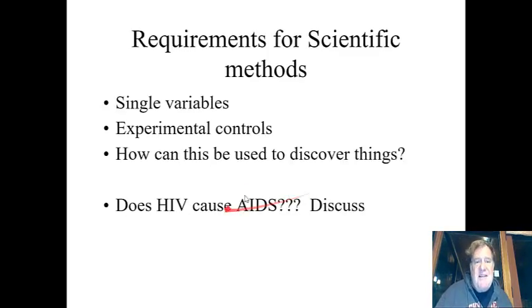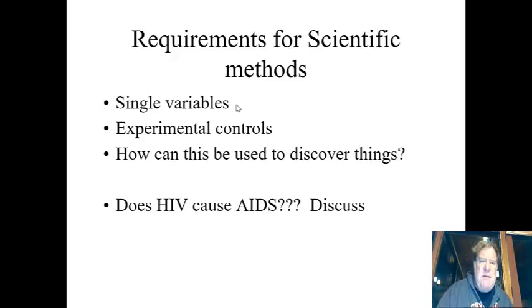The requirement for the scientific method is that you're looking at a single variable. You can't take a whole bunch of different things. What I mean by variable is you're only looking at one thing. So you can't say something as complex as cancer is caused by one thing or another when you're just looking at one variable.